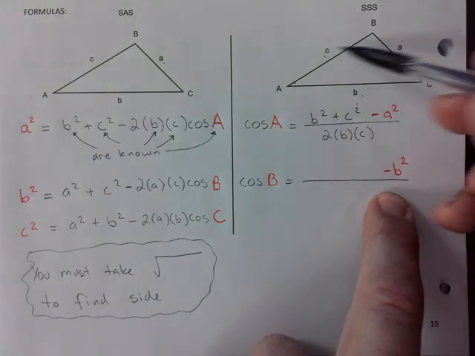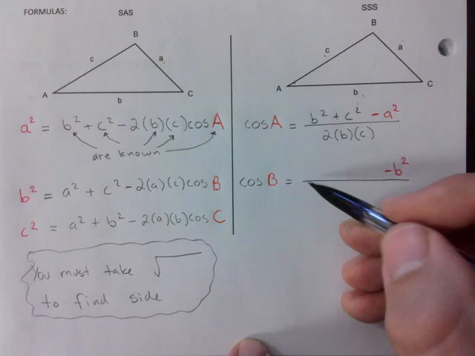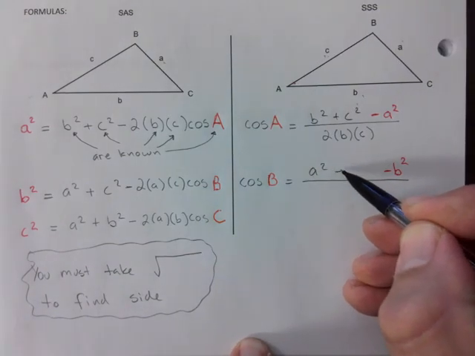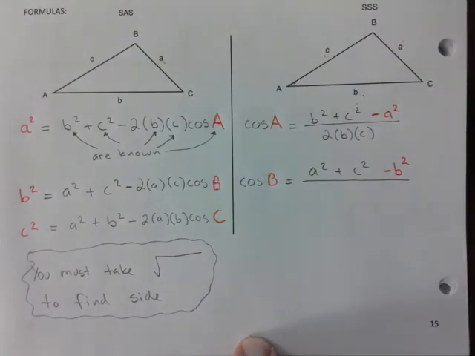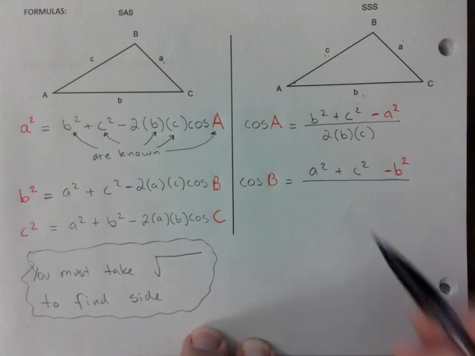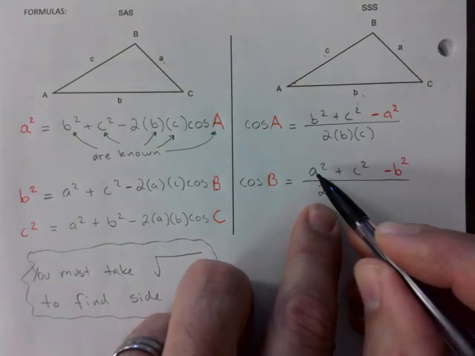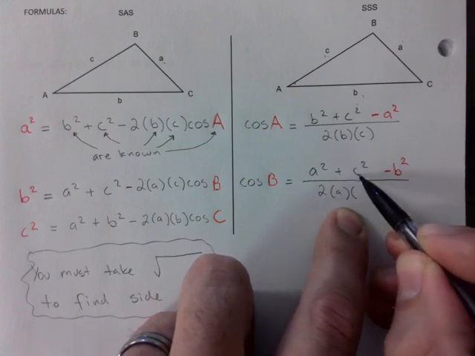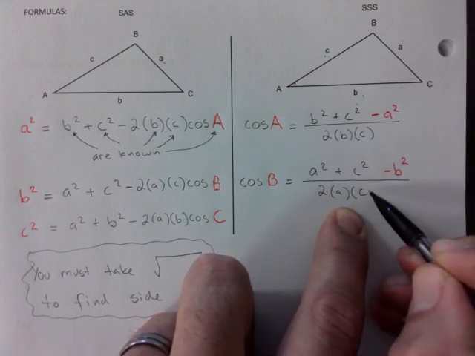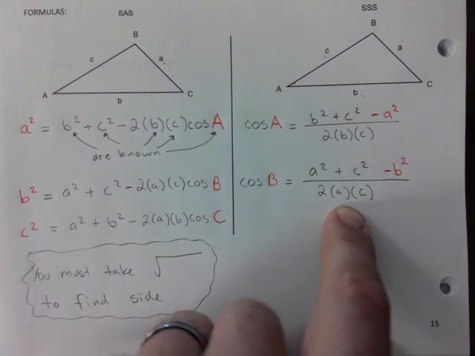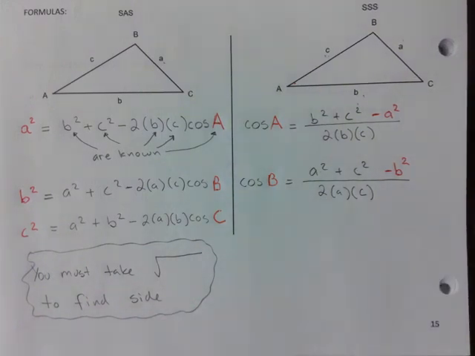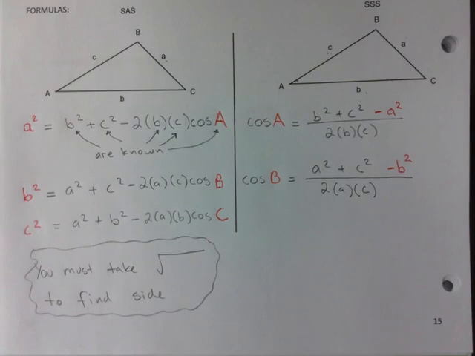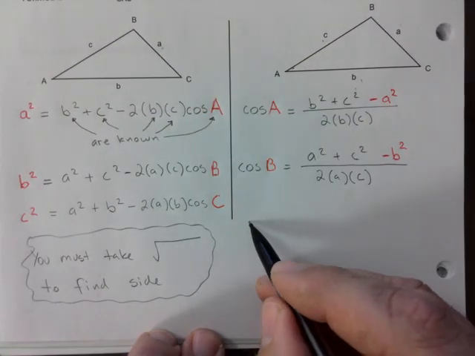And then the other two sides, it doesn't matter which order you do those in. A squared plus C squared, you do that later. And then it's 2 times A times C. So AC shows up again down there.